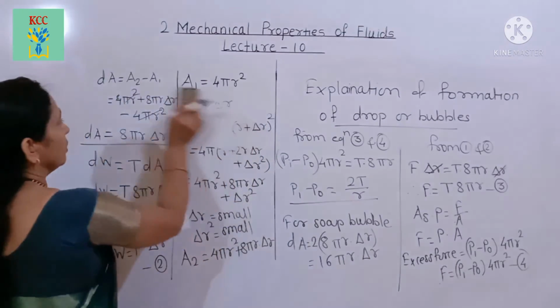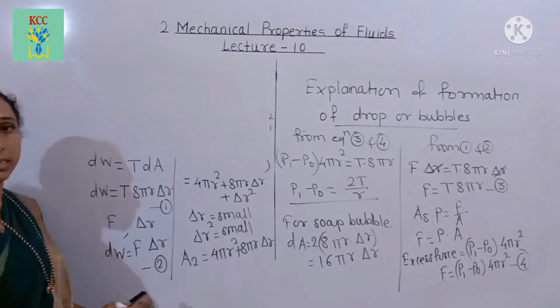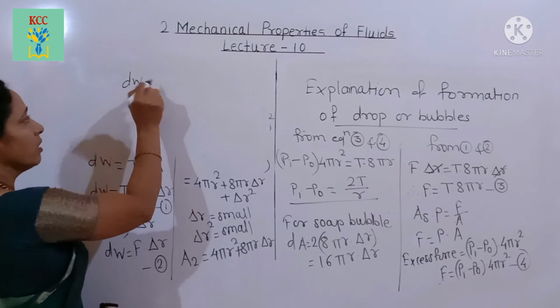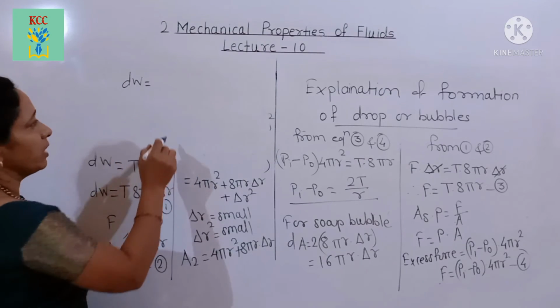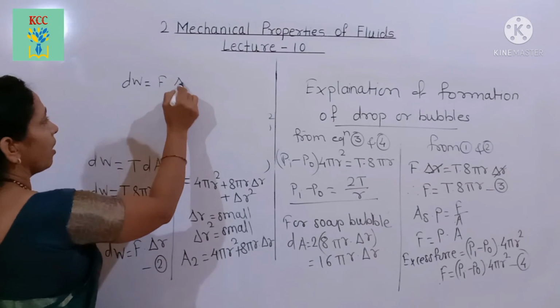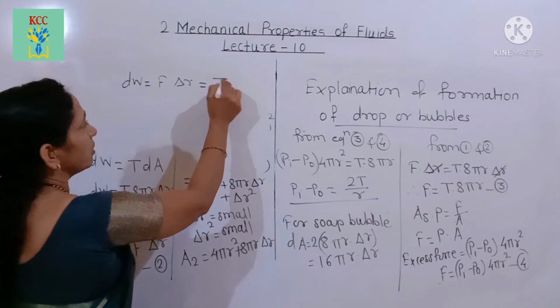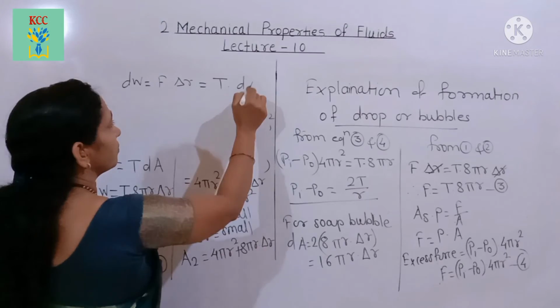And now the work done dW is equal to force into displacement, F into delta r, and it is also equal to surface tension into dA.